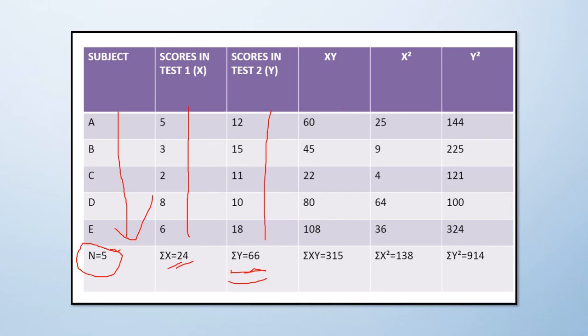Then we multiply the x and y values and take the result in the xy column. x square: 5 into 5 is 25, 3 into 3 is 9, 2 into 2 is 4, 8 into 8 is 64, 6 into 6 is 36. Same for y square, and take the total. The summation xy is 315, x square is 138, and y square is 9,914.